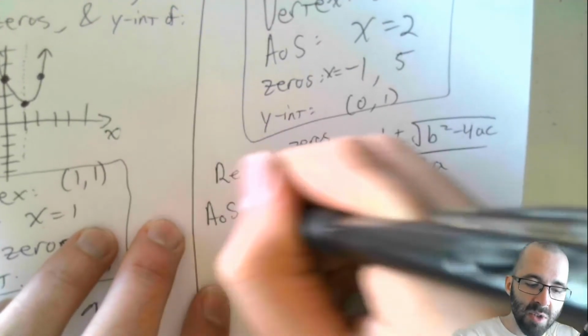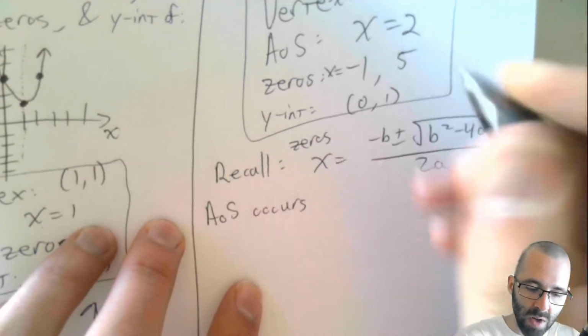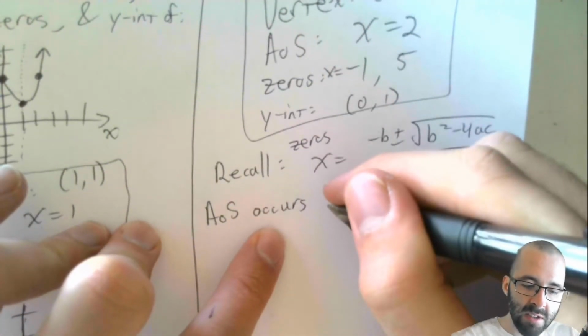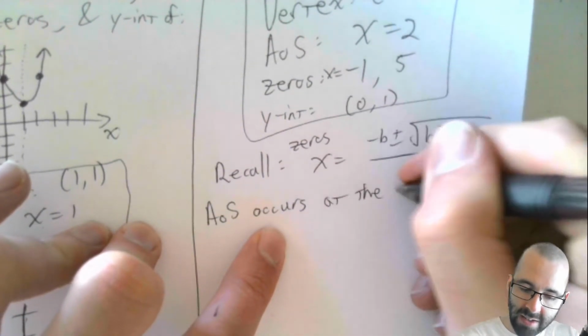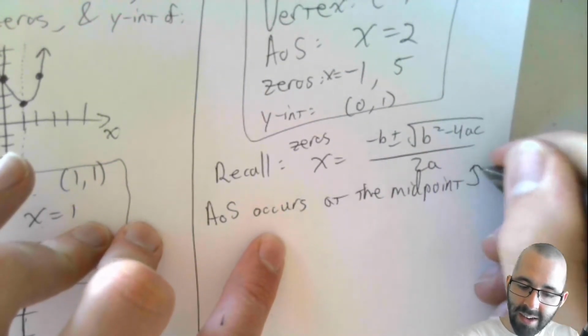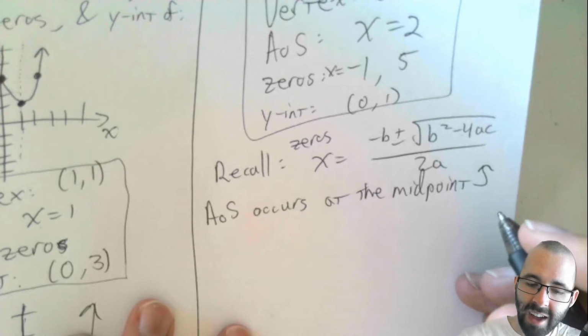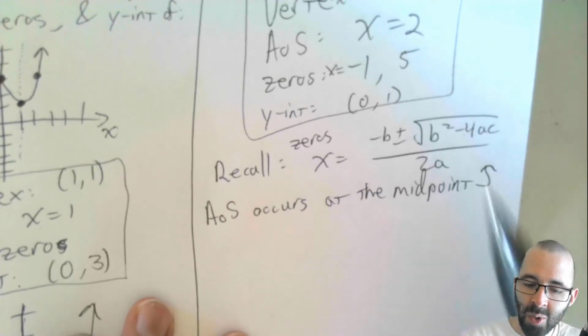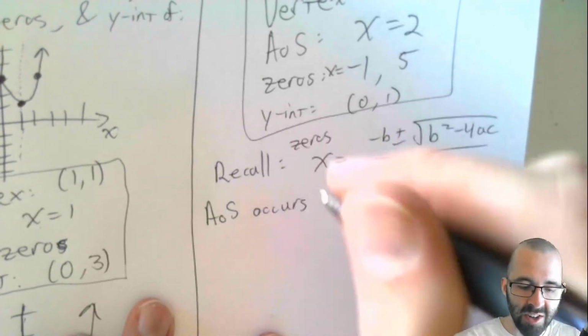Okay. The axis of symmetry occurs at the midpoint of these two zeros. And I could show you with the midpoint formula where the midpoint is. I'll just tell you.